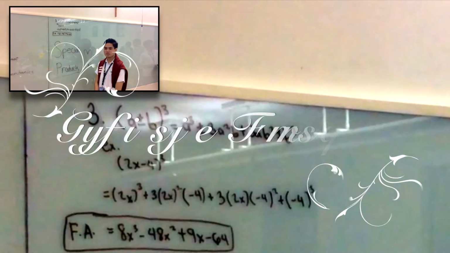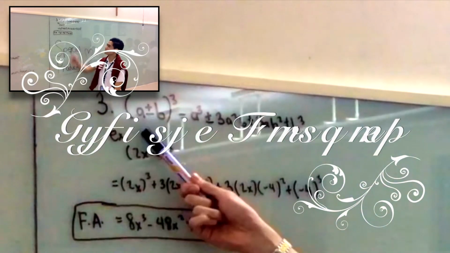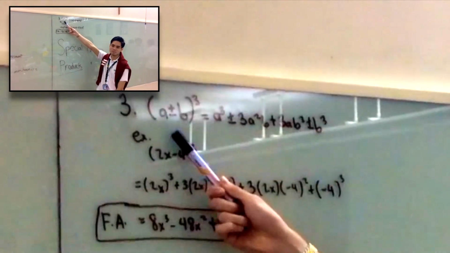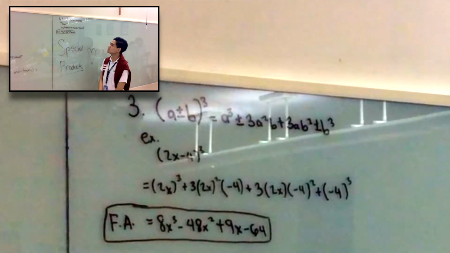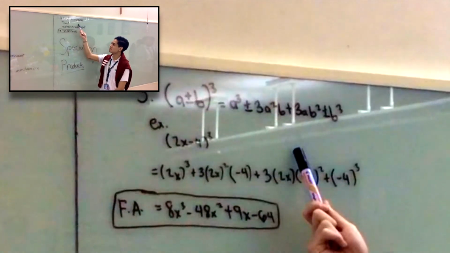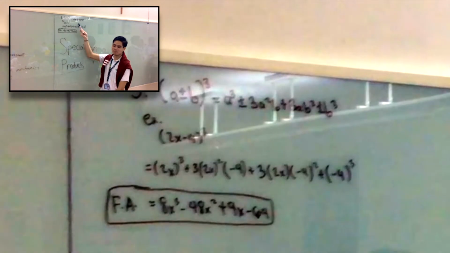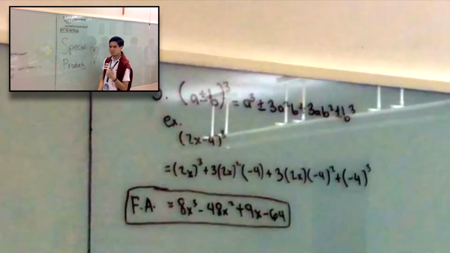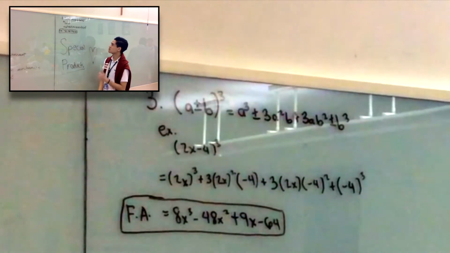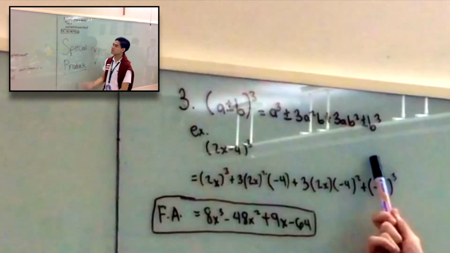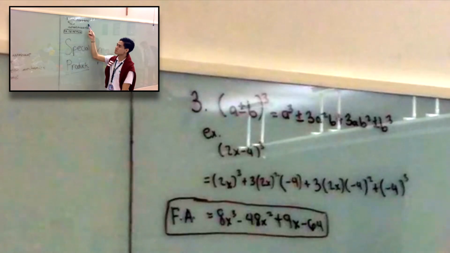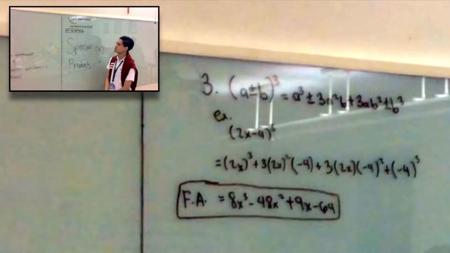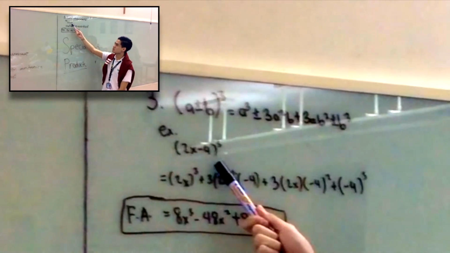The third special product is a cube of a binomial. You are given (a ± b) raised to the third power. This will give a product of a cubed ± 3a squared b plus 3ab squared ± b cubed. For our example, we will be using (2x − 4) cubed.